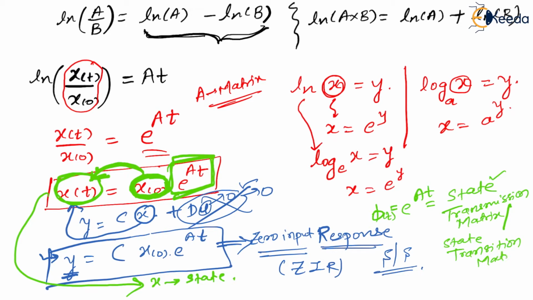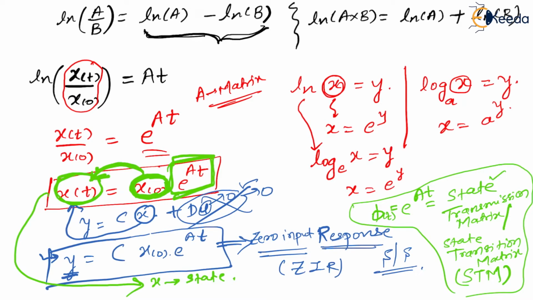Both are right, and hence the short form that we give to it is STM, state transition matrix. So this phi of t is nothing but STM. So see here, just because of this e raised to At, your state got changed from its initial condition at t equal to 0 to some value at t equal to t. Some value, right? So yes, we have studied about the state transition matrix. It is also called phi of At. Let me write it again.